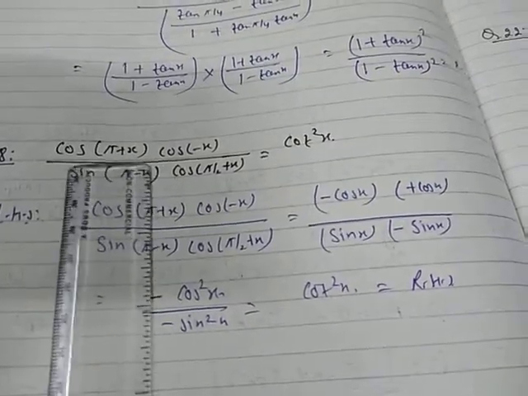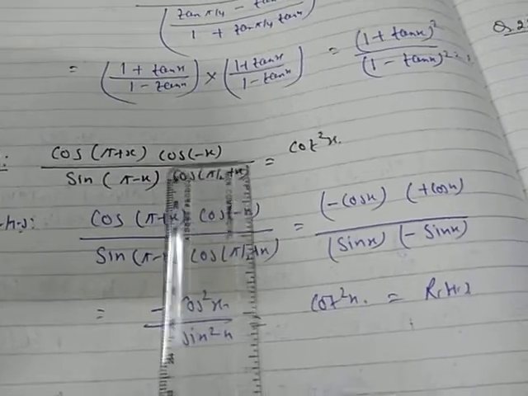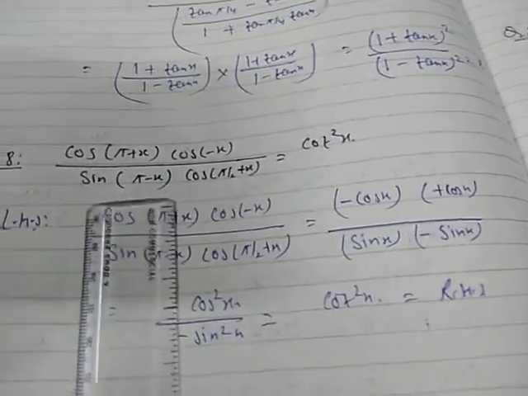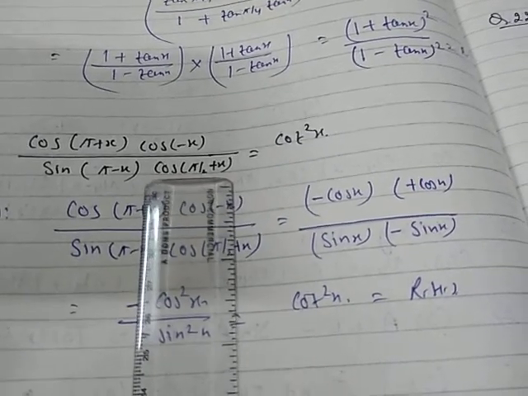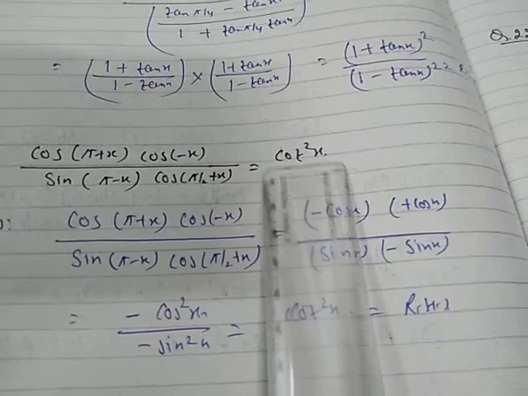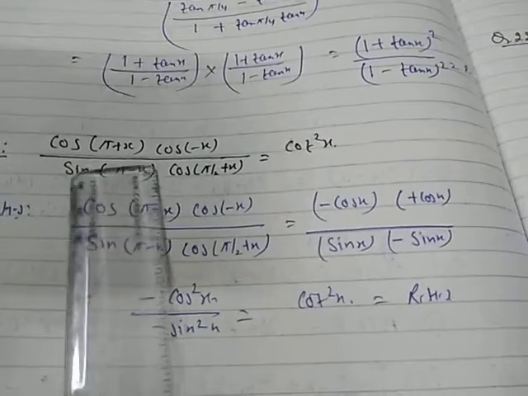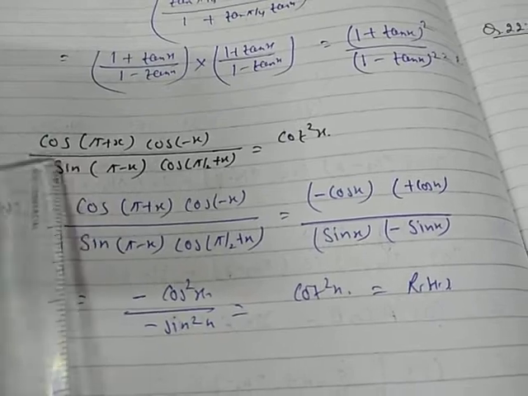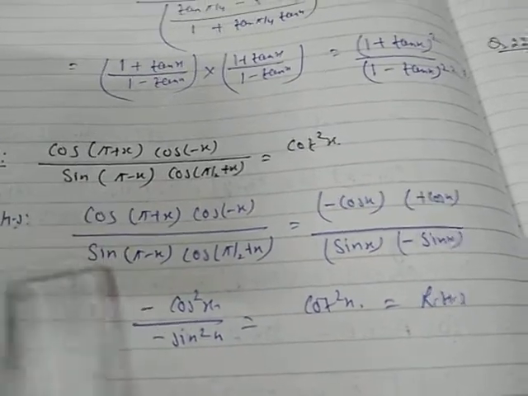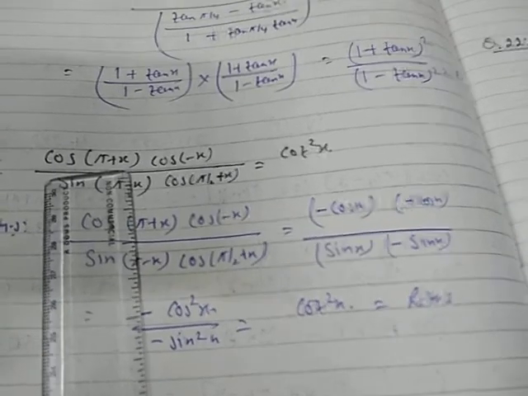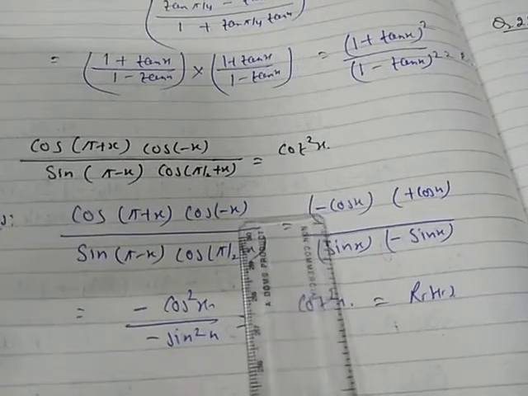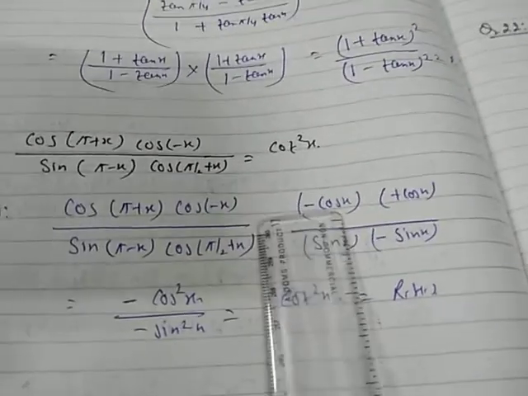Okay. Now question number 8. Question number 8 is prove that cos(pi plus x) into cos(minus x) whole upon sin(pi minus x) into cos(pi by 2 plus x) is equal to cot square x. Okay. Now cos(pi plus x), it is a multiple of pi, then the function will be the same, therefore cos x is there. But pi plus x lies in the third quadrant, therefore cos is negative here. So cos(pi plus x) is minus cos x.